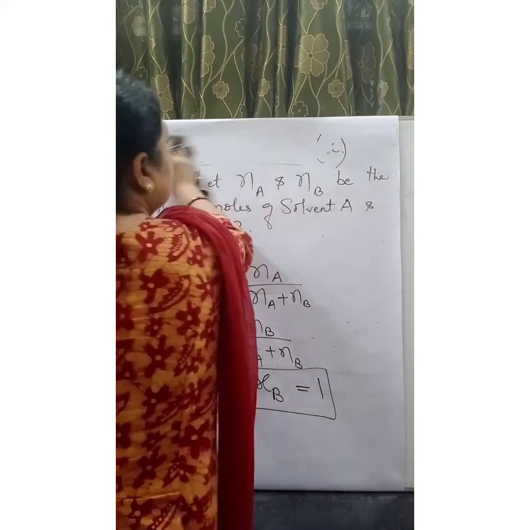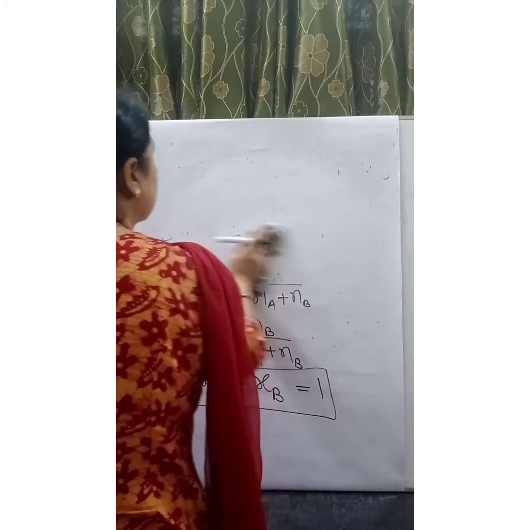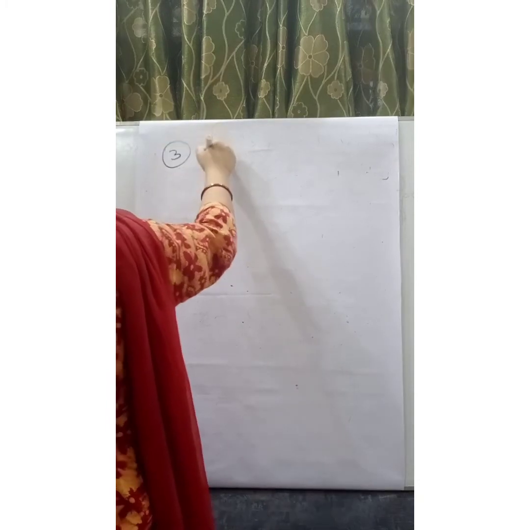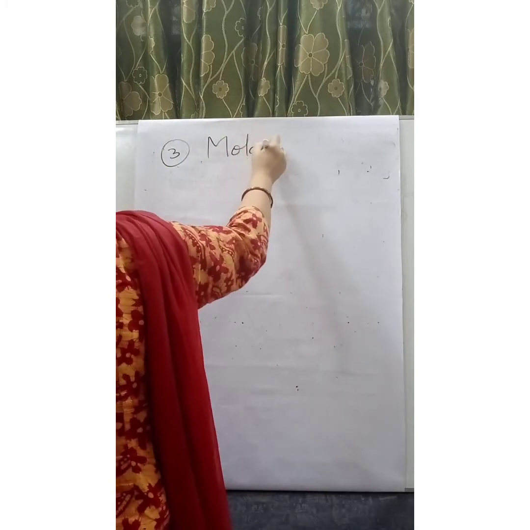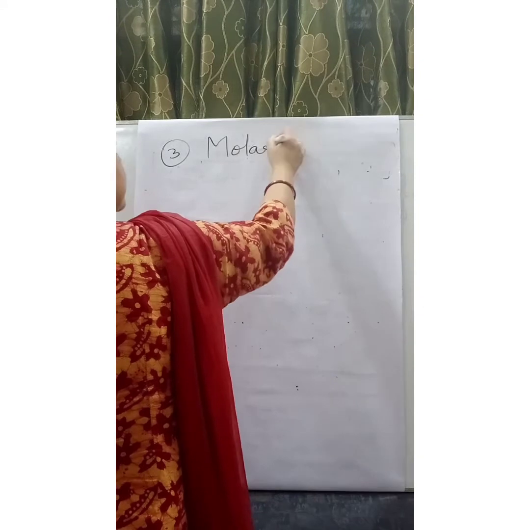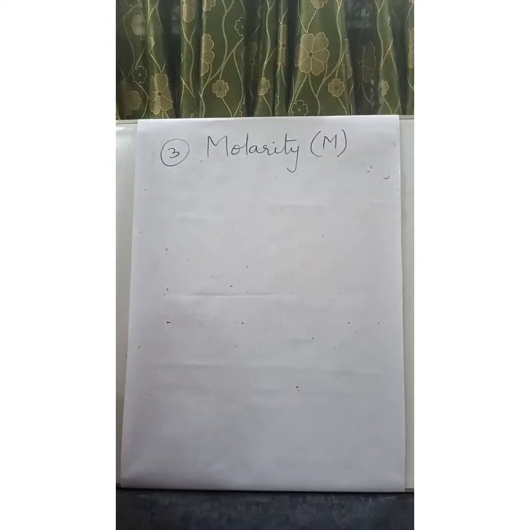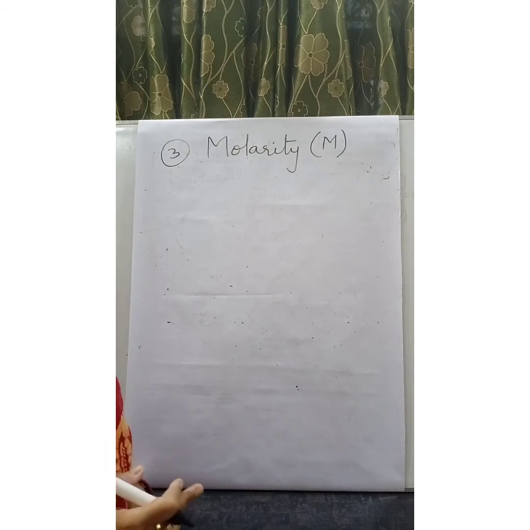Let us move on to the third way of expressing concentration. The third way is molarity, denoted by capital M. Let us define molarity. Molarity is defined as number of moles of solute dissolved in 1 liter of solution.